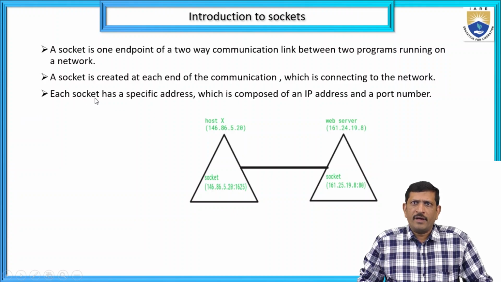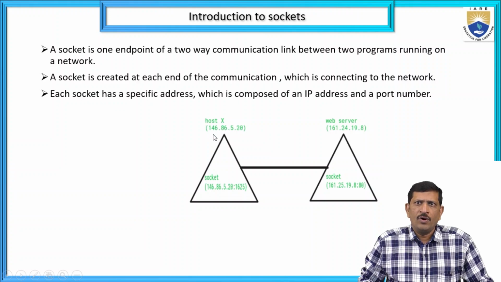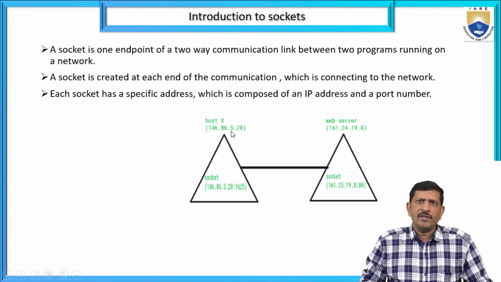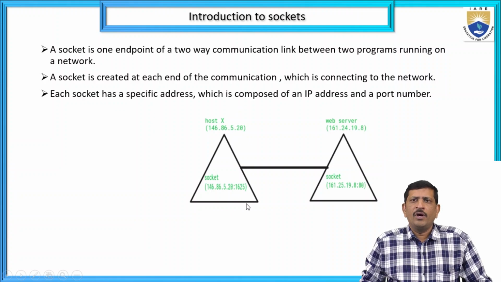Each socket has a specific address, which is composed of an IP address and a port number. Here it is a host X web server, and this is the IP address of the host. The IP address is 146.86.520, which is the client IP address. This is composed along with the port number also.